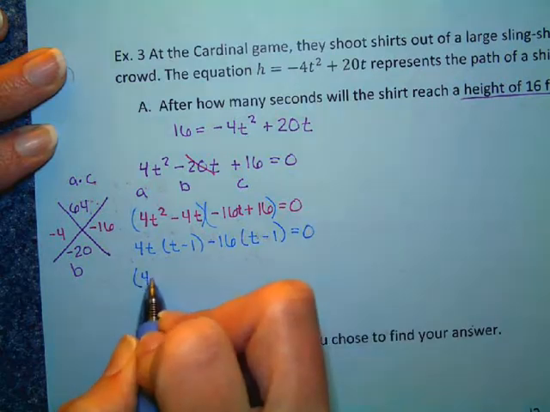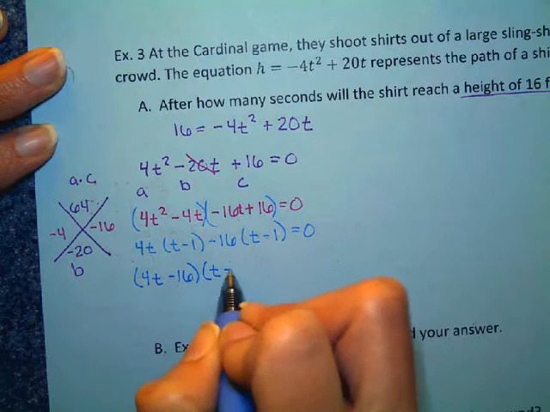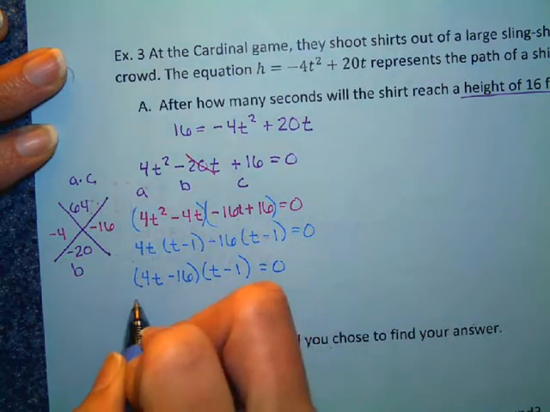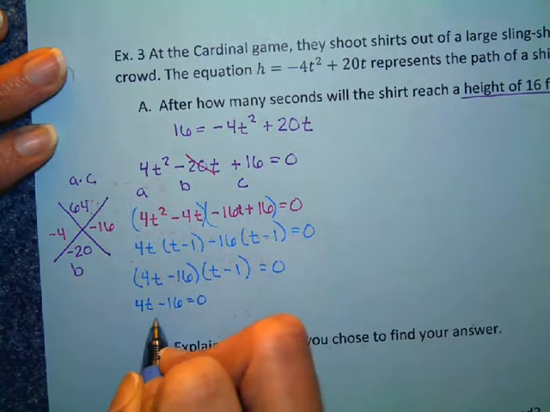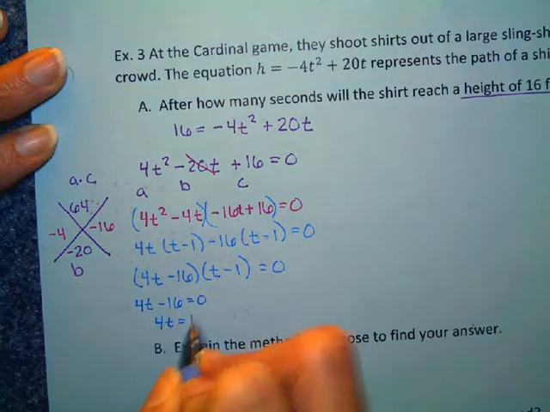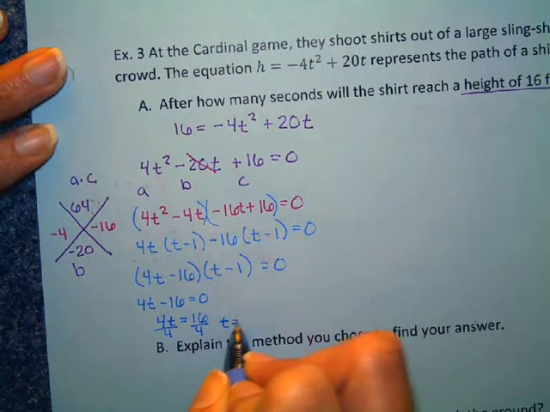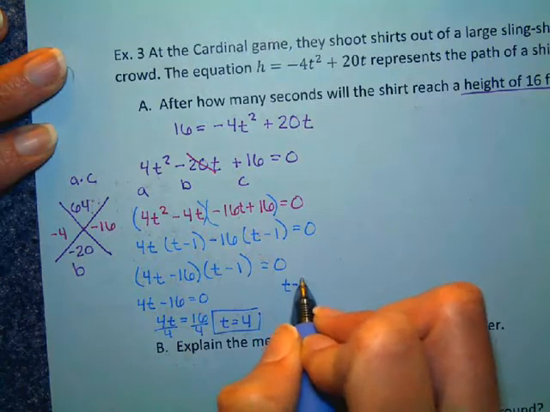The other parenthesis is t minus 1. So solve. Add 16. Divide by 4. T equals 4. This one's a little shorter. T minus 1 equals 0, plus 1, t equals 1.